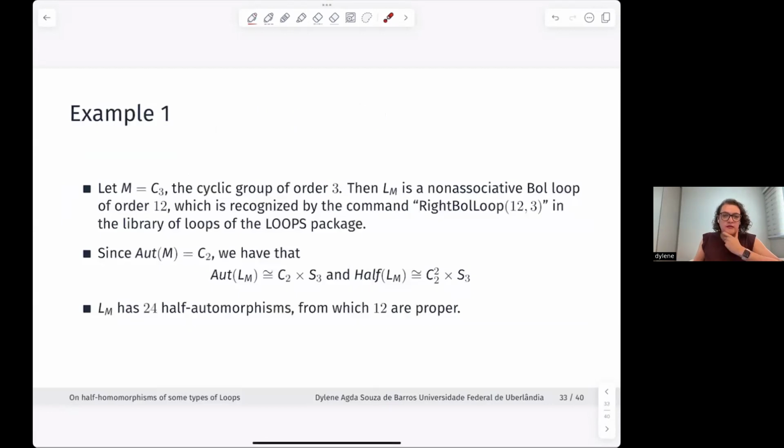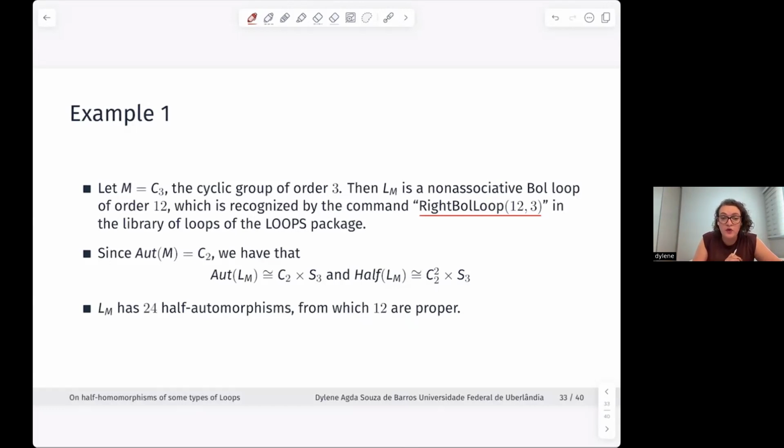To illustrate that, that's the example that we started using GAP, when we use M equal to C3. Lm is a non-associative Bol loop of order 12, and we can find it in the GAP library, like RightBolLoop 12, 3. There are 3: one is Moufang, one is a Bol loop, and there's no proper half-automorphism of that loop. Since Out M is C2, we have this counting for that.